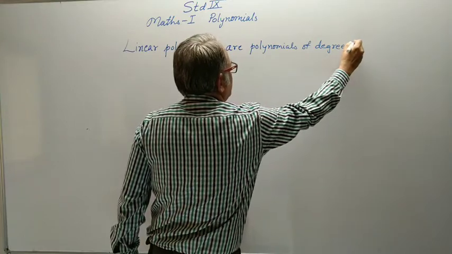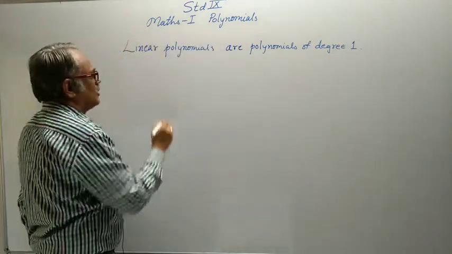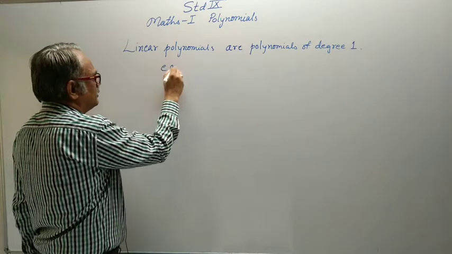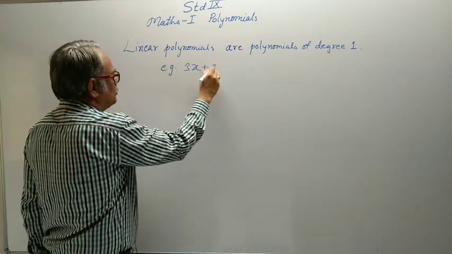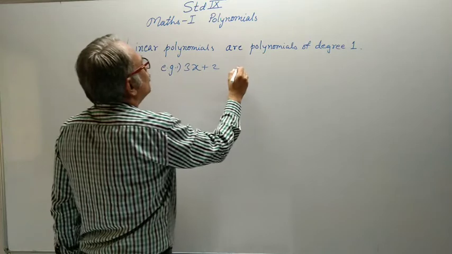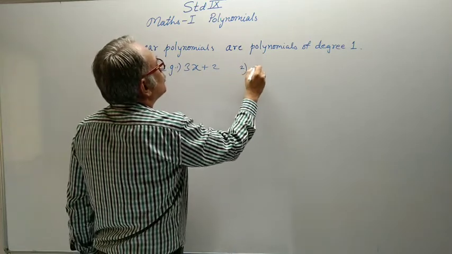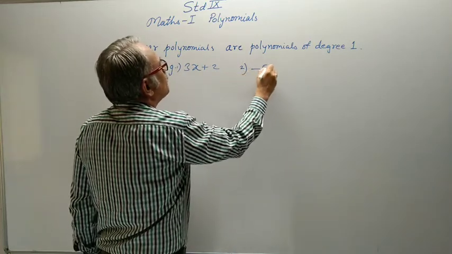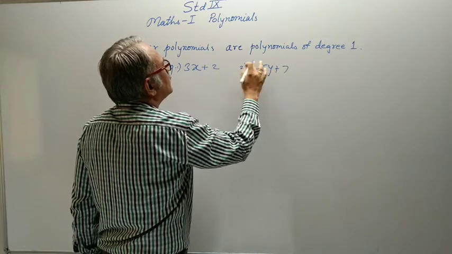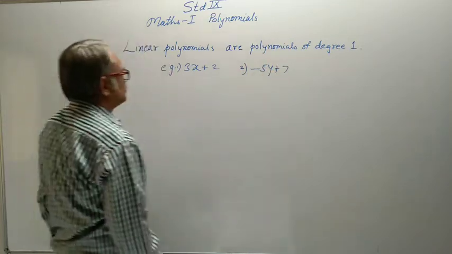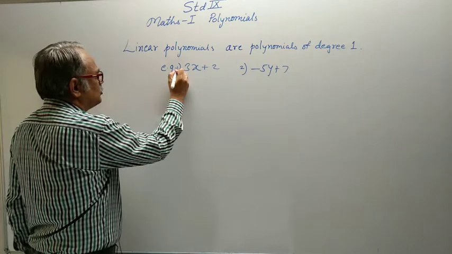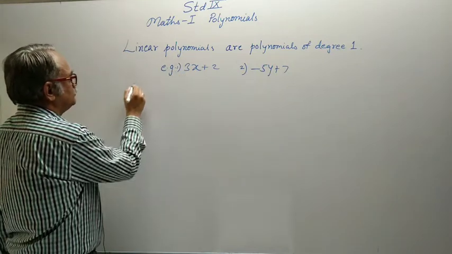Degree is only and only 1. For example, 3x plus 2, minus 5y plus 7. Only x term, only y term, no x square, no x cube.